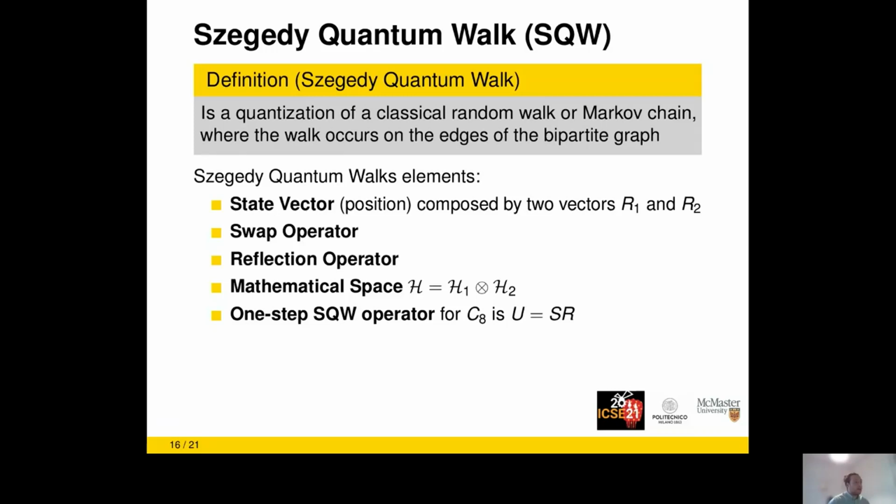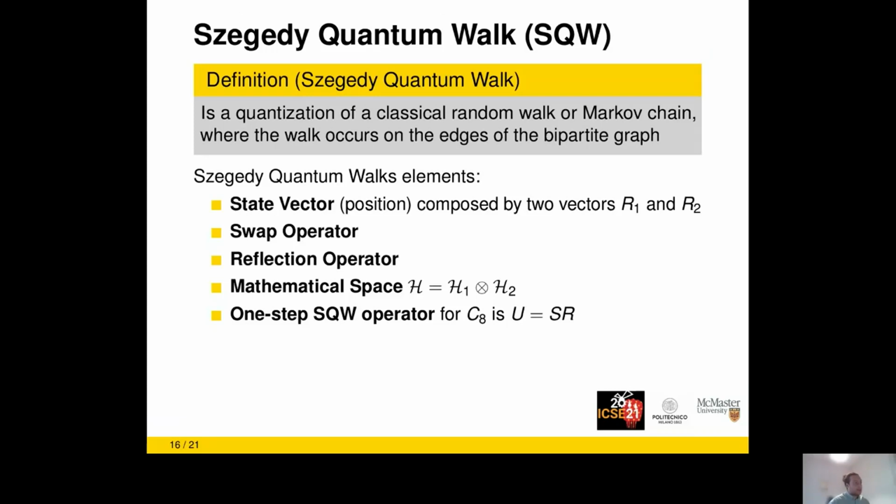Szegedy Quantum Walk's elements are the position, that now is composed of the two registers R1 and R2. Then we have the swap operator and the reflection operator. They are kind of complex to report on this slide, so interested readers can look at them in the paper.